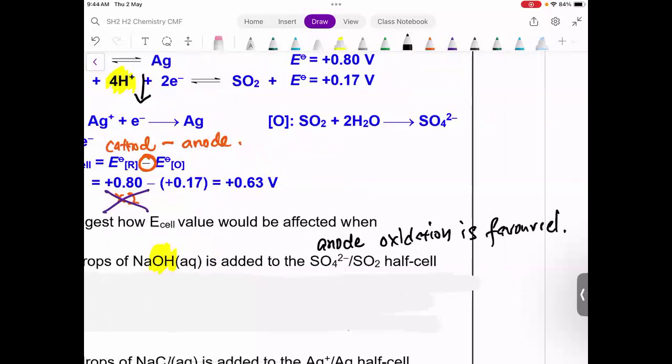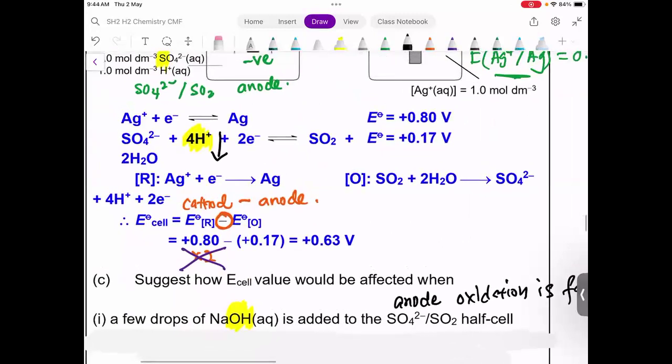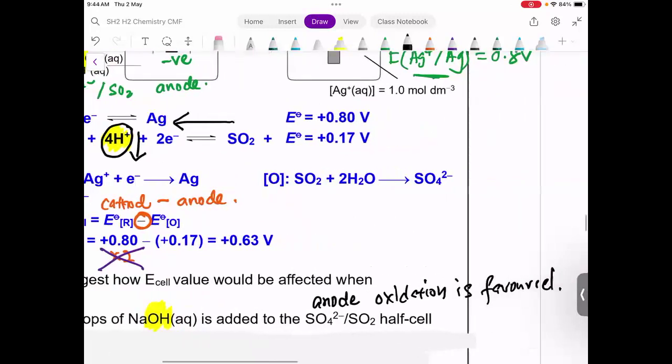Anyone who has difficulty seeing why oxidation is favored? The reverse process is the oxidation. So removal of H plus, according to Le Chatelier's principle, will shift the position to the left to favor the oxidation process more, in order to partially offset the drop in H plus. So oxidation is more favored.